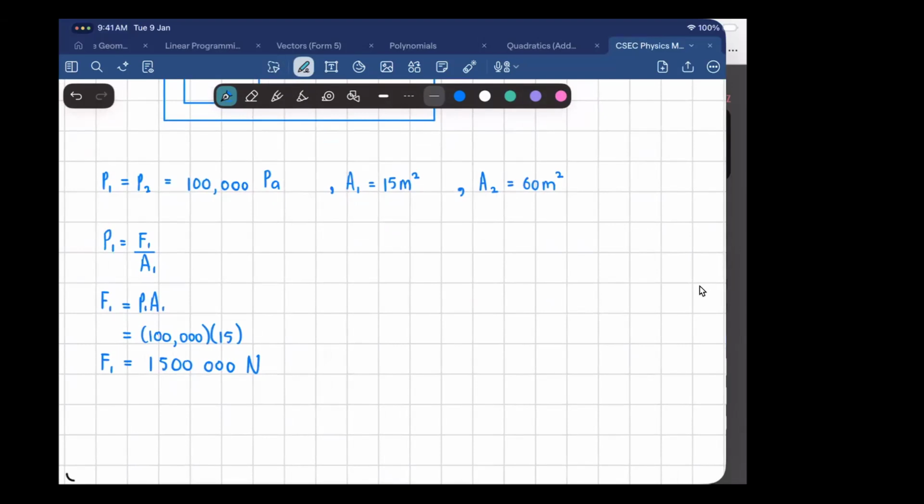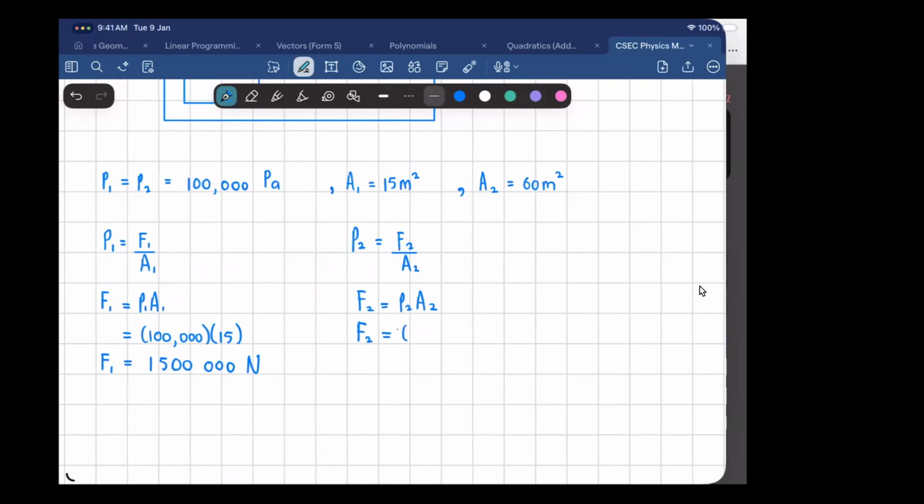Let's just look at the P2 side. P2 will be equal to F2 all over A2. We know that the pressure needs to be the same, so it'll be 100,000, and that's going to be equal to F2 over A2. Let me make F the subject of the formula. F2 is going to be equal to P2 times A2. What's your pressure? 100,000.